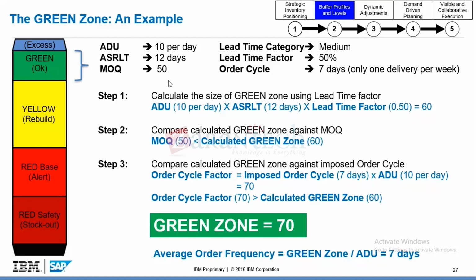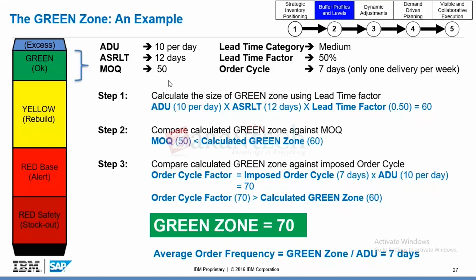Step 1, calculate the size of the green zone using the lead time factor: average daily usage 10 per day, multiplied by ASRLT, the lead time in days, multiplied by the lead time factor, which comes to 60. Step 2, compare the calculated green zone against MOQ, which we have given as 50, and that is less than the calculated green zone of 60. So we are going with 60.